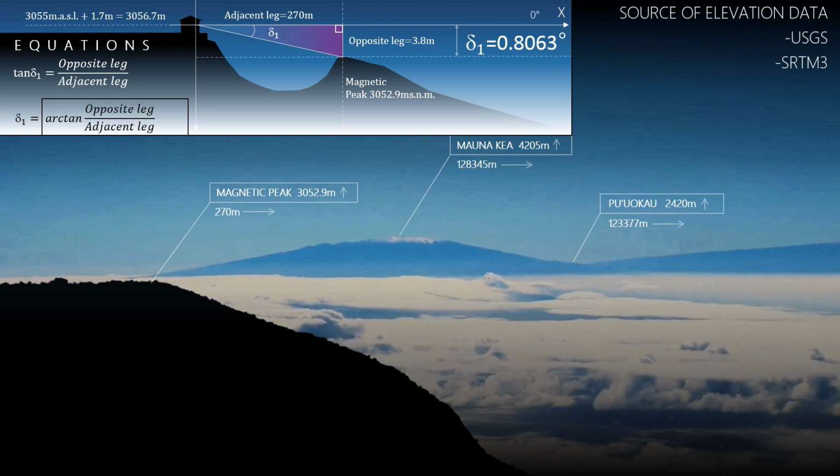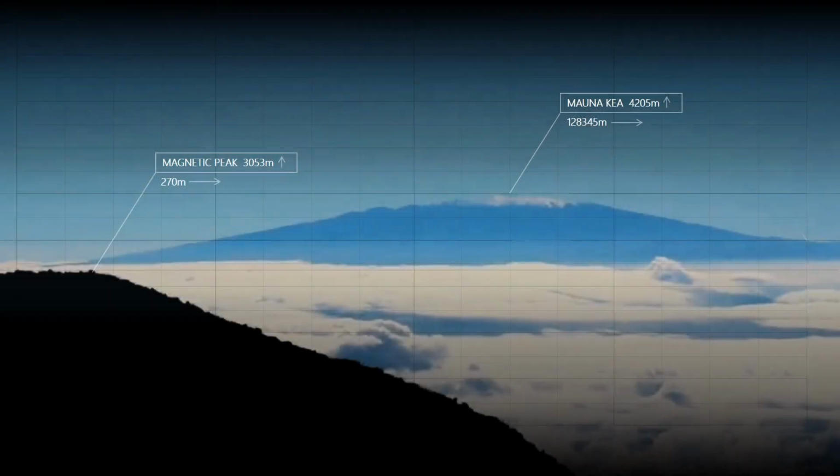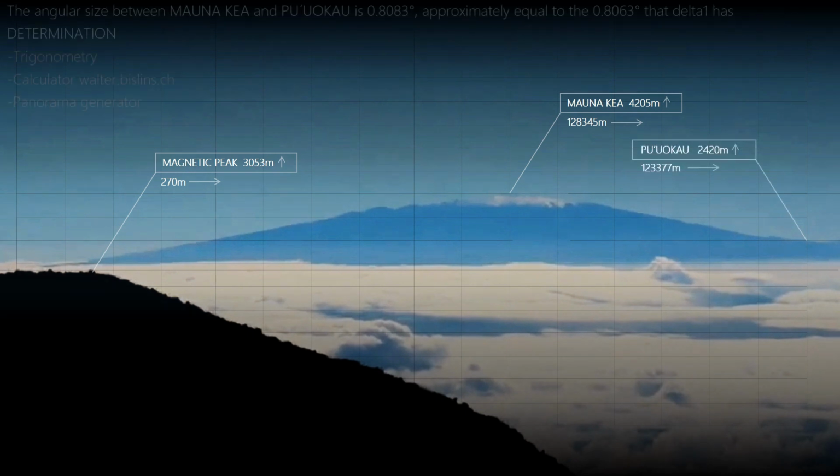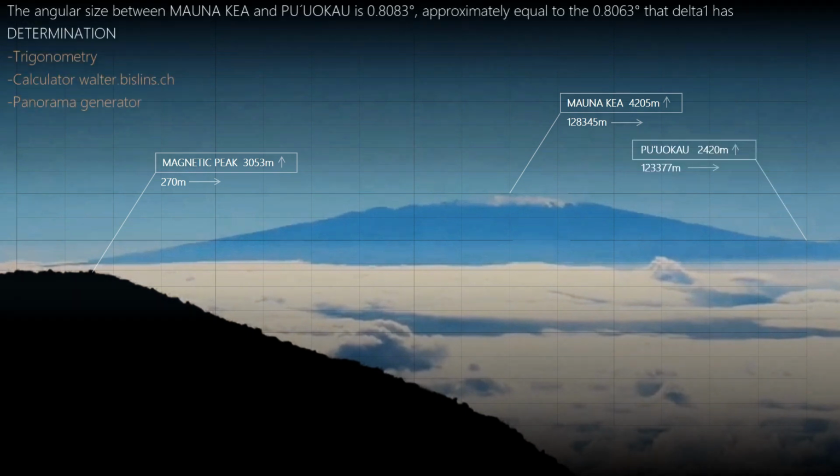We already know that in this capture the eye level is 0.8 degrees above the Magnetic Peak. We still need to know what portion of this image is equivalent to 0.8 degrees, and to represent angles we have to build a scale. It turns out that between the top of Mauna Kea and a small peak called Pu'okau there is 0.8083 degrees.